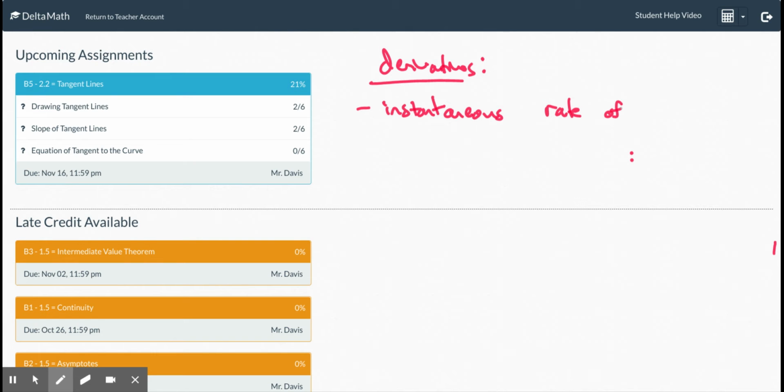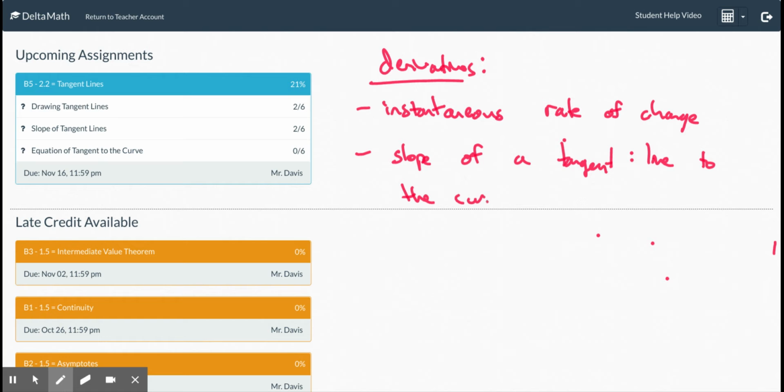Big word, instantaneous. Instantaneous rate of change as opposed to an average rate of change, which also implies that it is the slope of a tangent line to the curve at a given point.